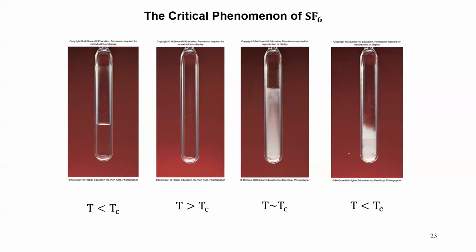And then you cool it back down below that critical temperature. It's a neat thing to see. That point, the critical temperature and the critical pressure, is called the critical point. The critical point of CO2 in particular is a relatively easy one to do in the lab, and you can find some good examples of that on YouTube.